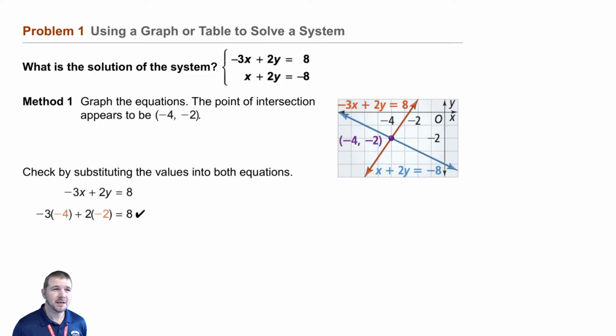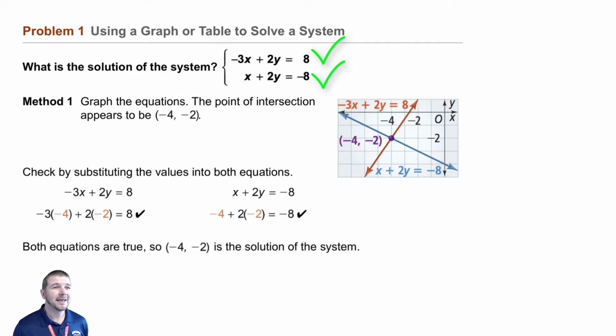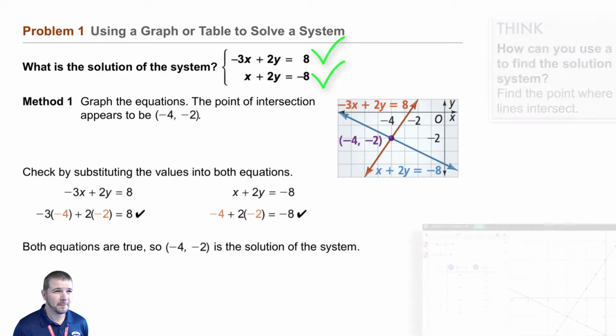And sure enough, it does. So our solution checks out in the first equation, but because we're talking about a solution to a system, we also have to check it in the other equation, or equations, if we were to have a system with more than two equations. So we check on the right, and sure enough, the second equation has a solution of negative 4, negative 2, so the solution we found is the solution of the system.